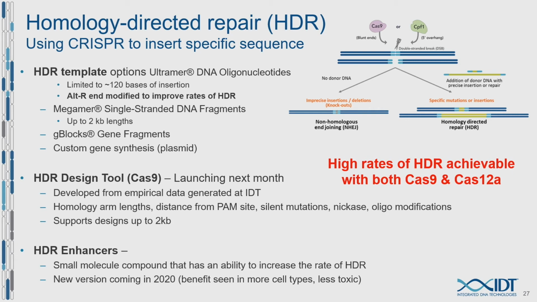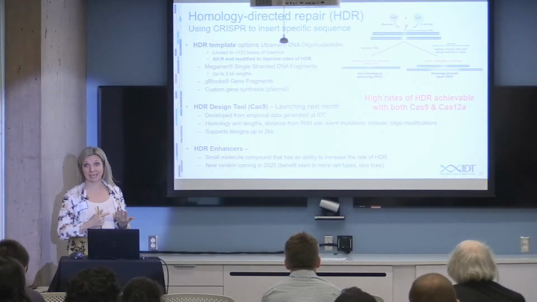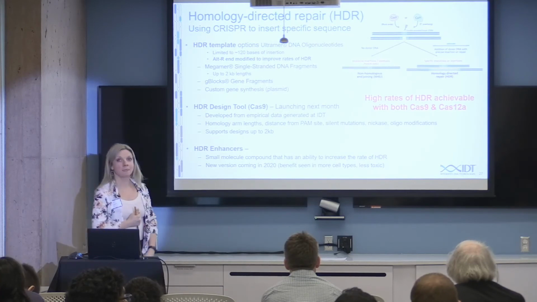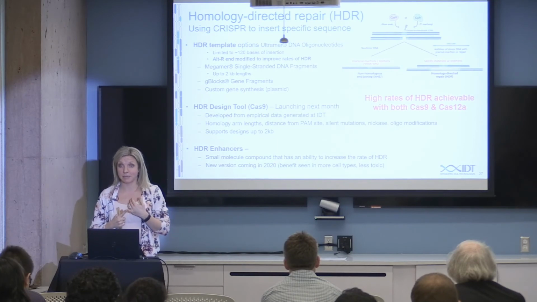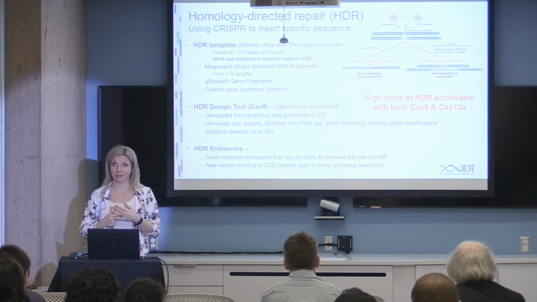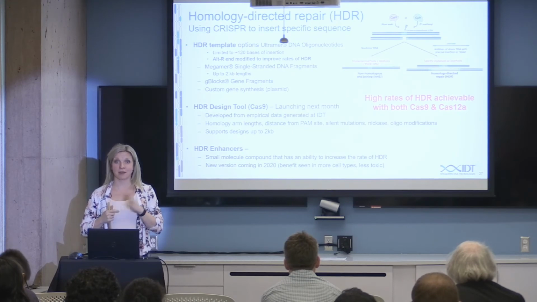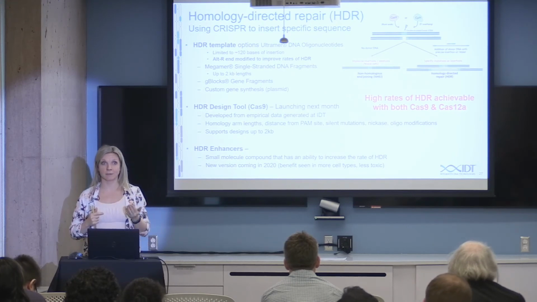We also offer Megamers, which will get you lengths up to 2 kb, and then we've got double-stranded DNA options. But we've developed a lot of data to support rules of how to help design HDR. So we've looked at homology arm lengths, the distance from the PAM site that you need to be, the effects of adding in silent mutations, using the Cas9 nickase. And so we've got a lot of data supporting the best way to do this.